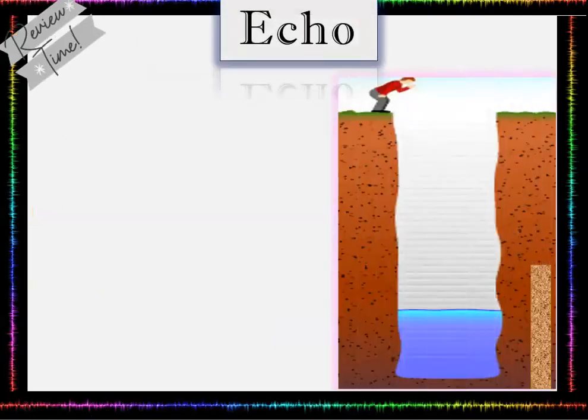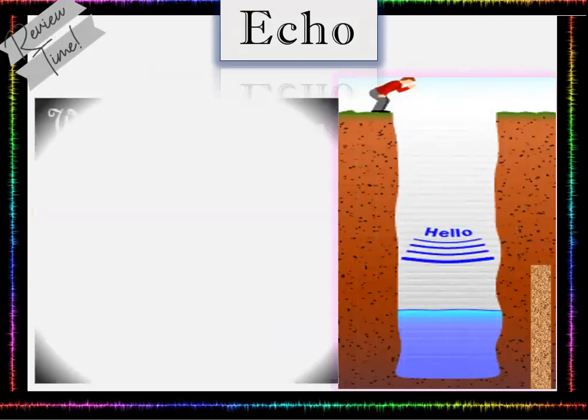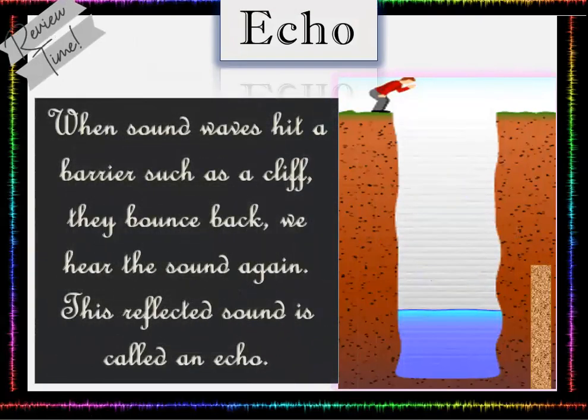When sound waves hit a barrier such as a cliff, they bounce back. We hear the sound again. This reflected sound is called an echo. In a covered space such as a tunnel, the echoes are very loud because the reflected sound cannot escape.